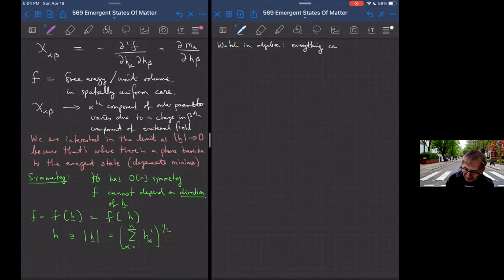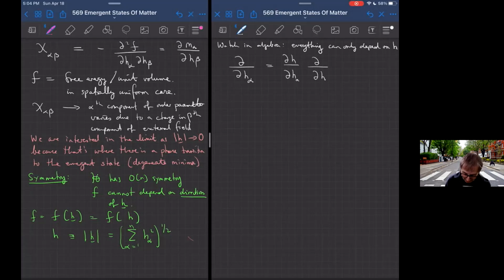Everything can only depend on h. When I write h without a vector, I mean just the magnitude of H. So let's see what that means. When I have to compute my derivatives, I have a term which is d/dH_alpha. Well, d/dH_alpha is the same thing as d/dh times dh/dH_alpha.